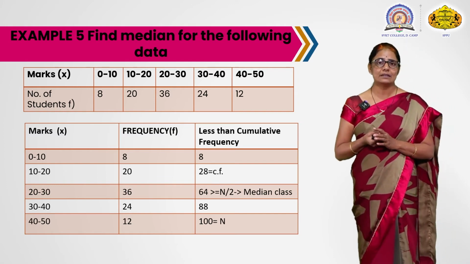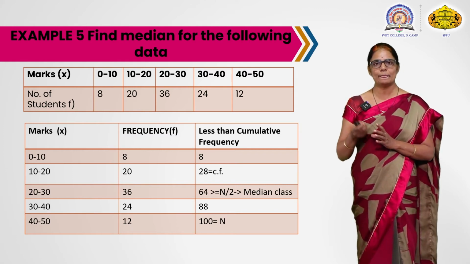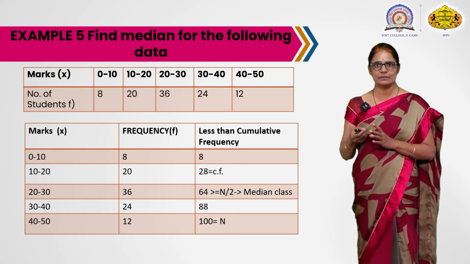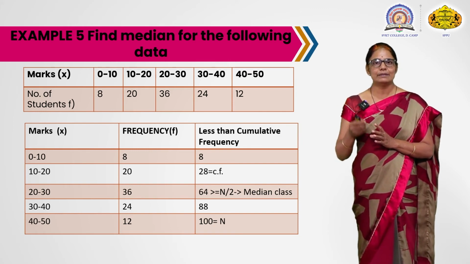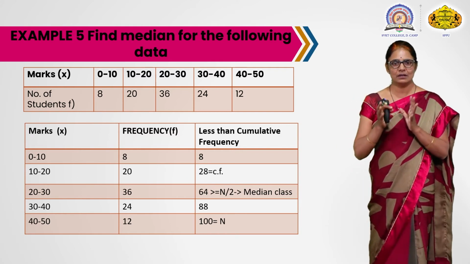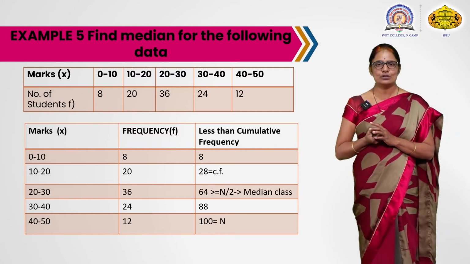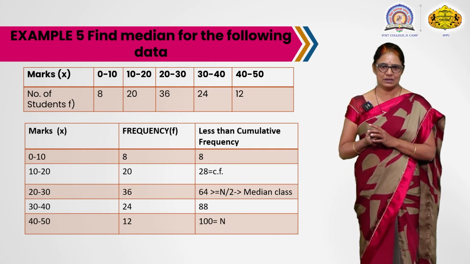Now we have to decide the median class. For that we have to calculate N by 2. So 100 upon 2 is 50, and the 50th observation is the median of the given data. Now we check where this N by 2th, that is the 50th observation, falls.